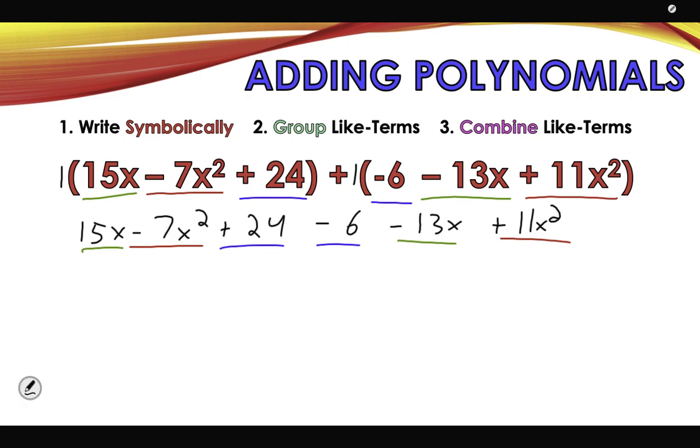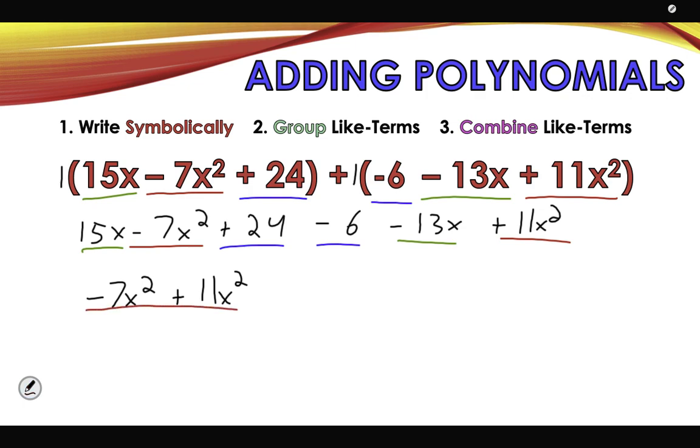When I rewrite, I always want to do that in descending order, because it's going to make keeping it all organized easier going forward. So I'll go like that. Those were my red terms.